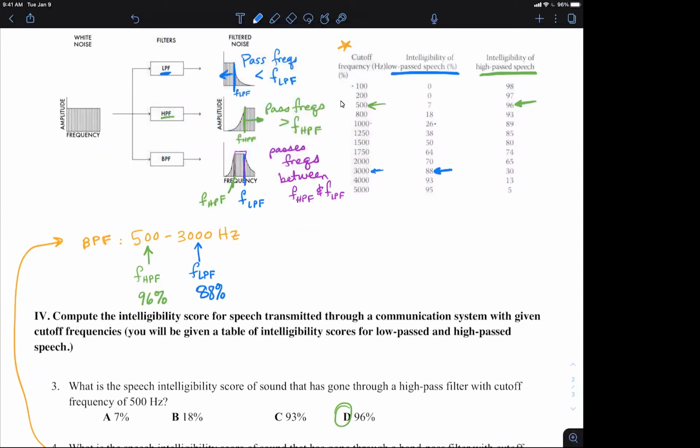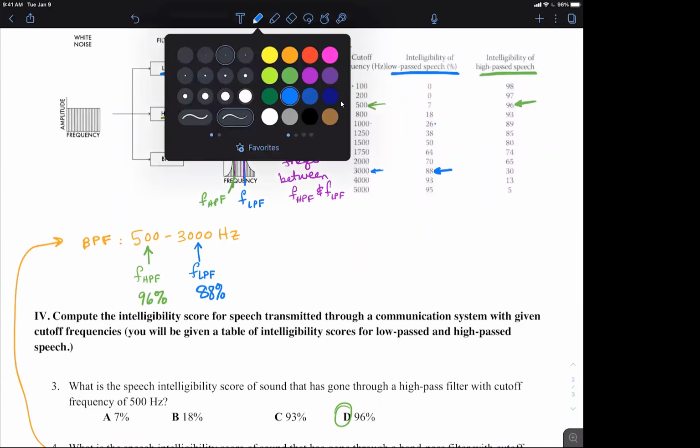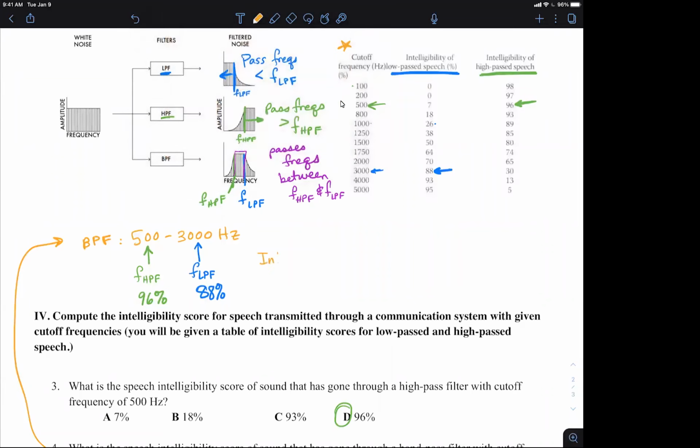But we've done both. We've high pass filtered, which reduced intelligibility to 96%, and then only 88% of the 96% will be the speech intelligibility. So to find the overall intelligibility score, you have to convert these to decimals from percentages.